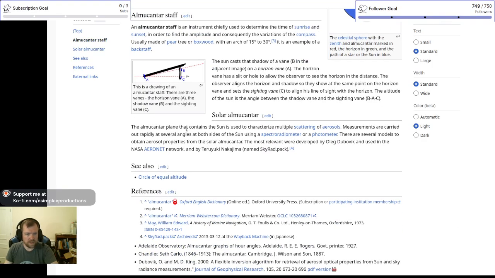The almacantar plane that contains the sun is used to characterize multiple scattering of aerosols. Measurements are carried out rapidly at several angles at both sides of the sun using spectroradiometer and photometer. There are several models to obtain aerosol properties from the solar almacantar. The most relevant were developed by Oleg Dubovik, used in NASA Aeronet network.